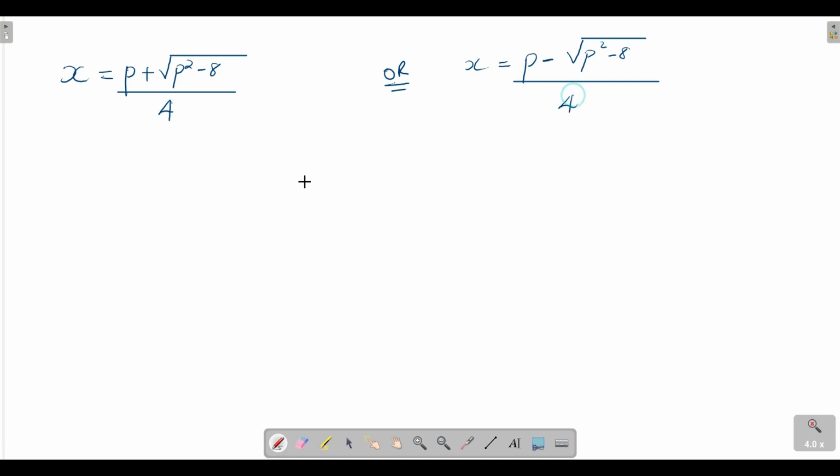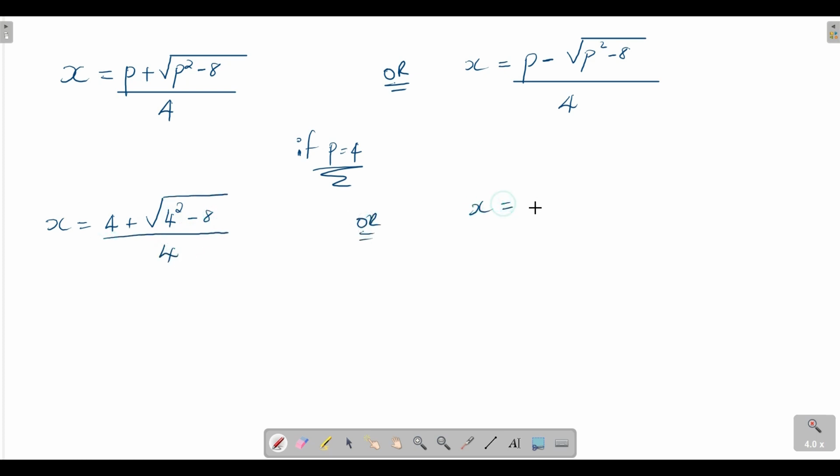So if your p is equal to 4, what do we need to do? Therefore, your x is going to be equal to, where you see a p, you put a 4: 4 plus the square root of 4 squared minus 8 all over 4, or x is equal to 4 minus the square root of 4 squared minus 8 all over 4.